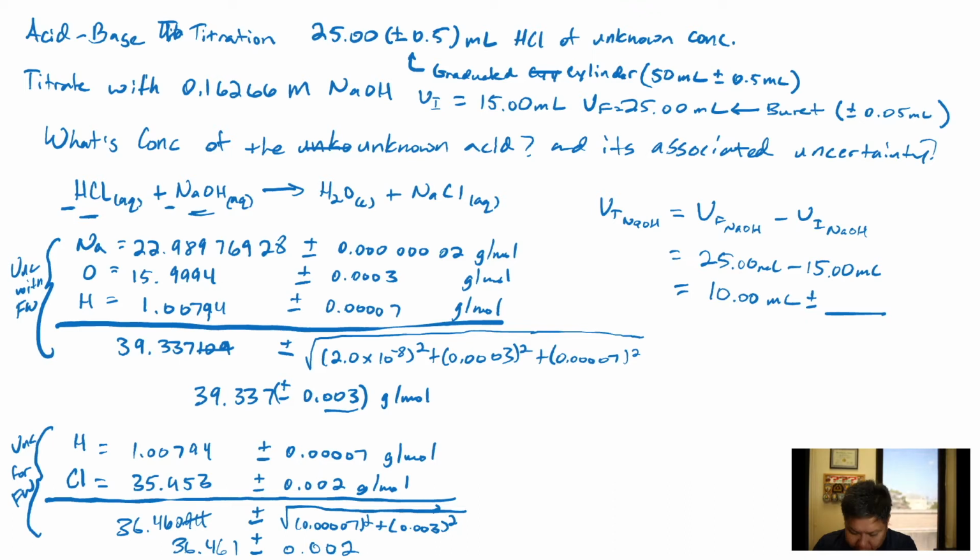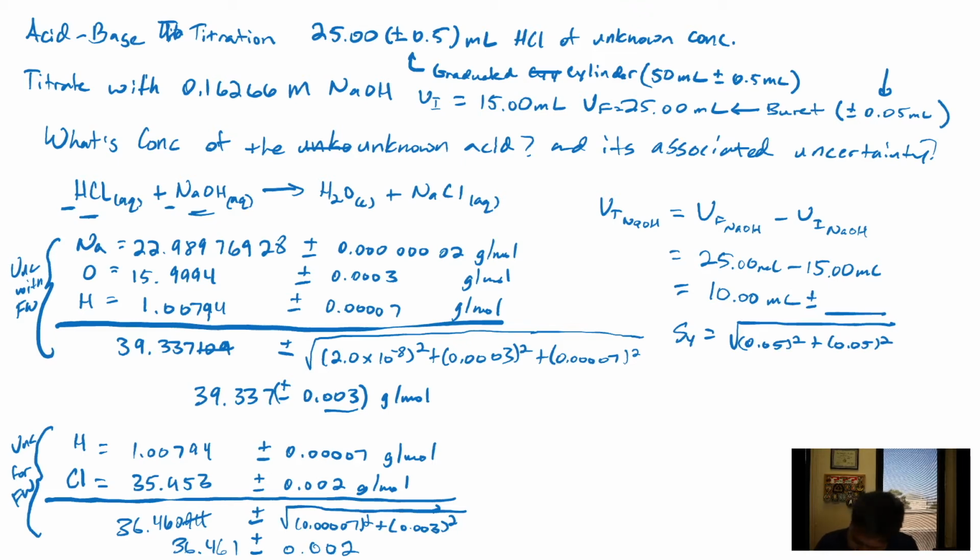And then we have to figure out what the uncertainty is, which is pretty simple because this is just a regular old subtraction. So the uncertainty for this equation, the SY, equals the square root of, what was the uncertainty for the burette again? Right here, right? So it's going to be 0.05 squared plus 0.05 squared, and then take the square root of that, right?